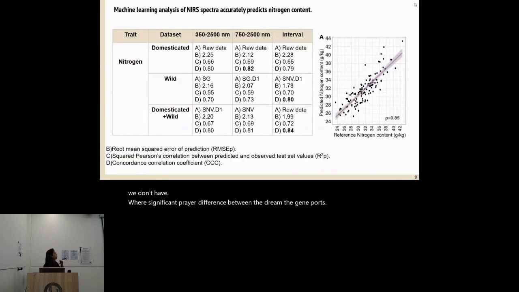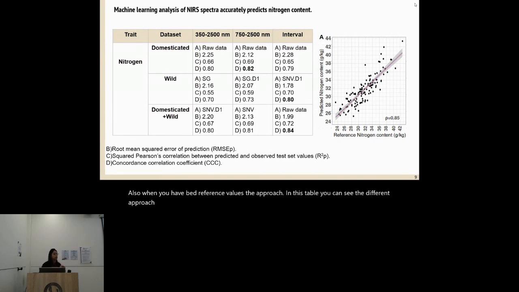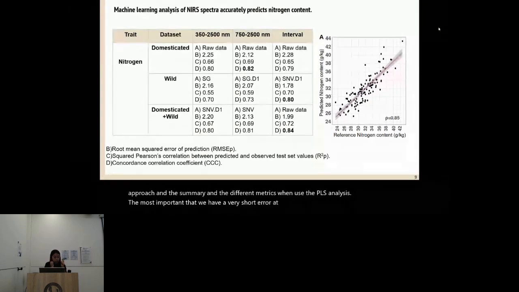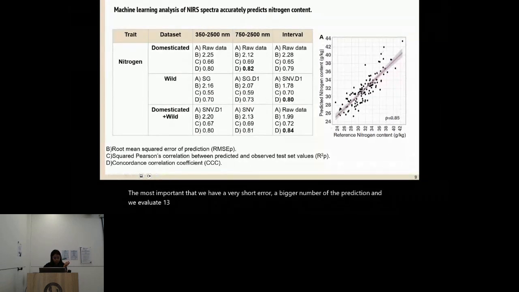Also, when you have the reference values, in this table you can see the different approaches and a summary of the different metrics when you use the PLS analysis. The most important thing is that we have a very short error and a bigger number of predictions, and we evaluate 13 metrics for each case. Today I will highlight the results when putting the domesticated and the wild accessions together in the same model.